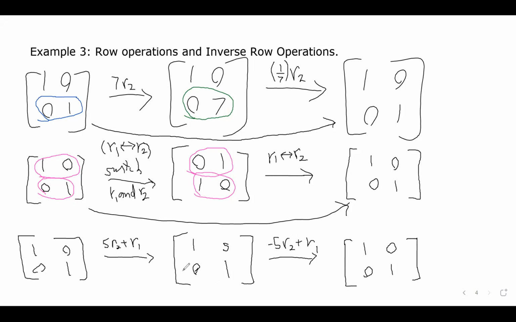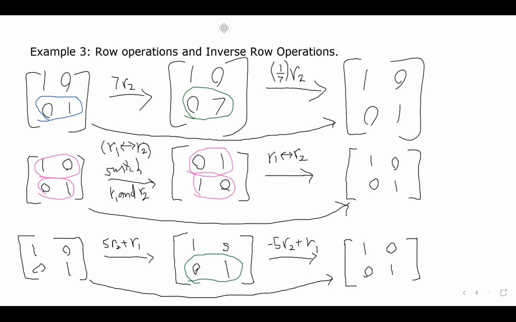If I take negative 5 times the second row and add it to the first row, I end up with 1, 0 again, right? Negative 5 times 0 plus 1 is 1. Negative 5 times 1 is negative 5. Negative 5 plus 5 is 0. So now we have that these 2 operations are inverses of each other, and we get back to where we started in each of those 3. These are examples of each elementary row operation and an example of their corresponding inverse operations.